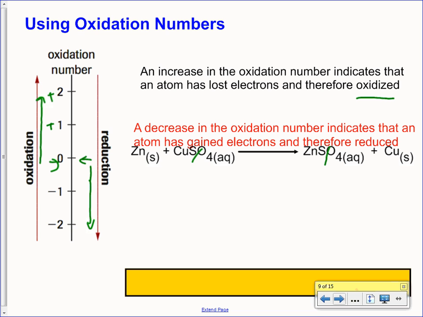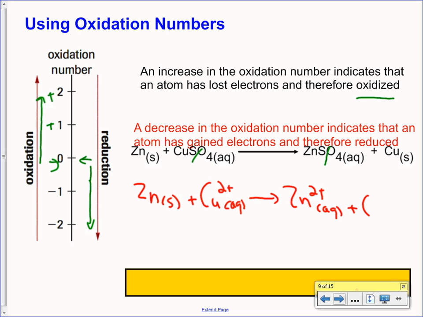And what we have reacting is the solid zinc plus copper 2+ ions reacting to give us zinc 2+ ions and solid copper.